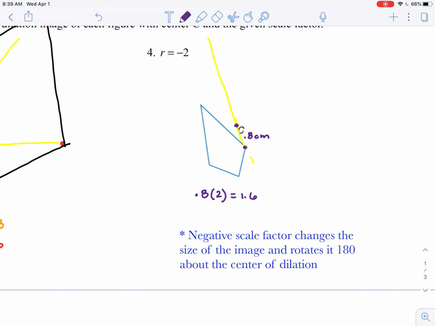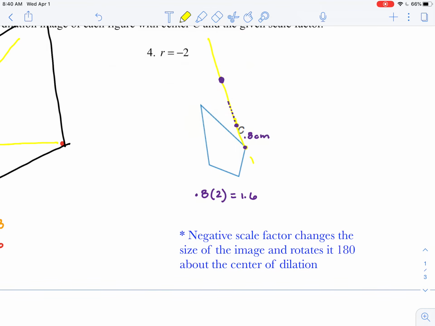So this length is going to become 1.6 centimeters. Once I determine that new length from my center of dilation still, I measure out 1.6 centimeters, but this time I'm not measuring towards the old vertex, I'm measuring in the opposite direction. That's where the difference comes in for our negative scale factor. So I believe this point should end up about here.